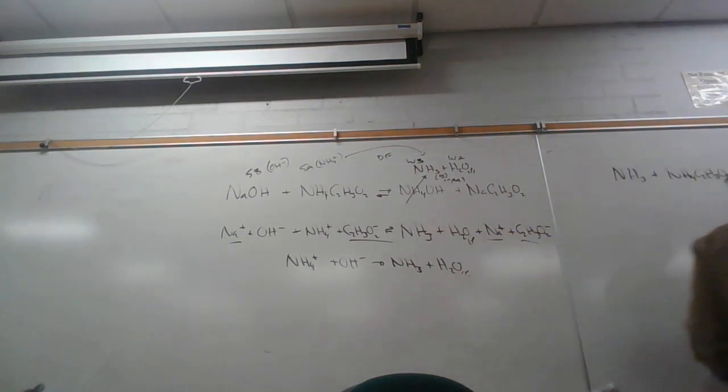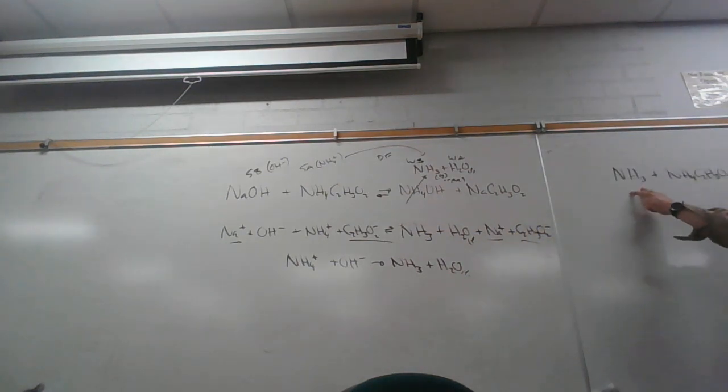We can treat this as metathesis whenever we have aqueous ammonia. So if we were to treat this as metathesis, we'll take ammonia and water and combine those to make a little bit of ammonium hydroxide. And that's going to react with ammonium acetate. So if I have ammonium hydroxide plus ammonium acetate, what does it make?